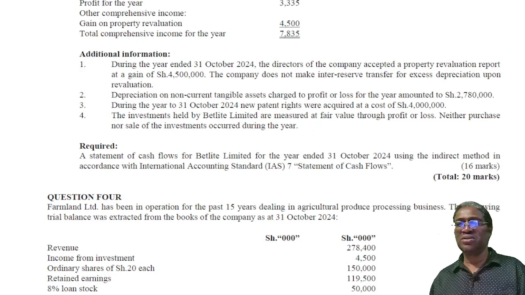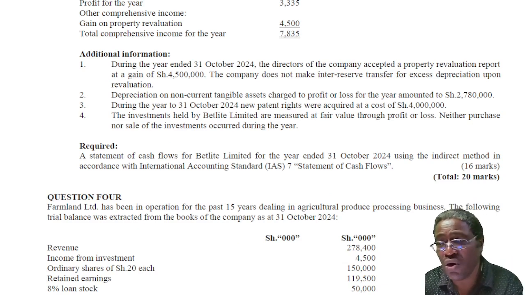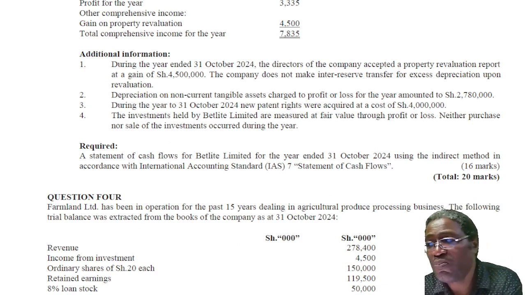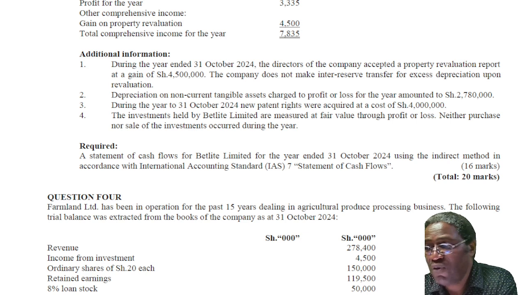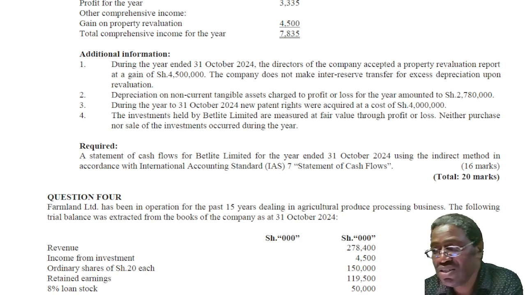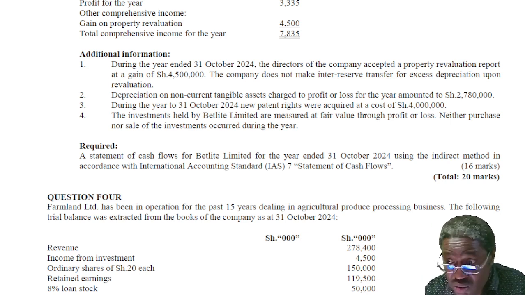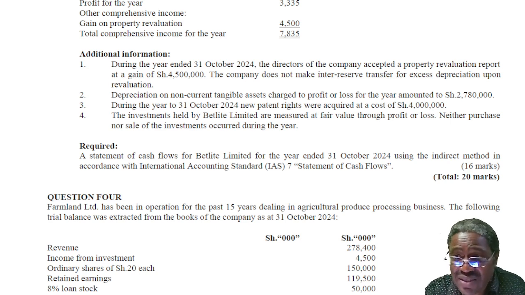Note number one, there was a gain on revaluation of property by 4.5. I have already explained to you, so that you don't tell me again that it is a gain on revaluation. It's a non-cash item.